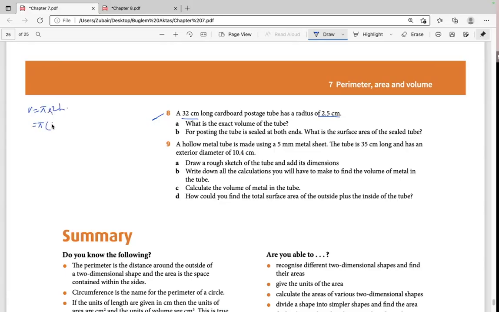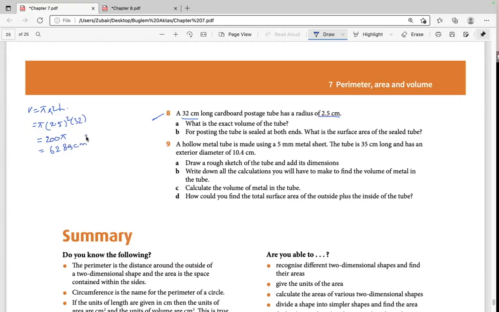Pi, radius is given and height is given. 628.3.